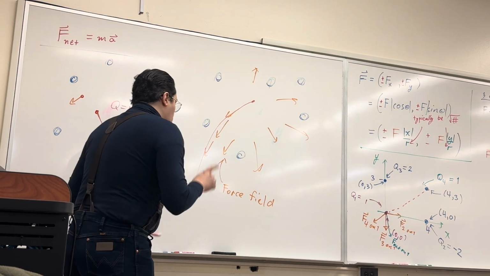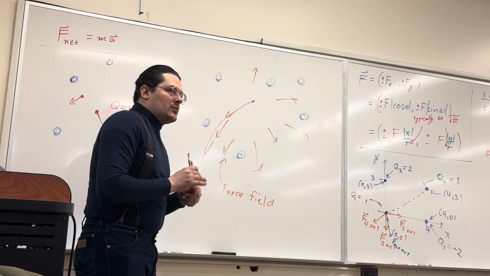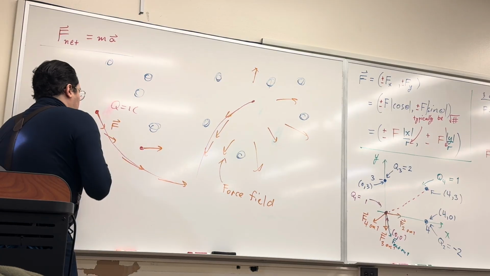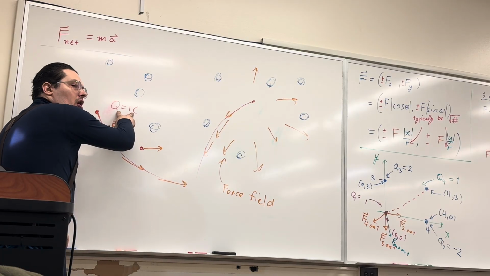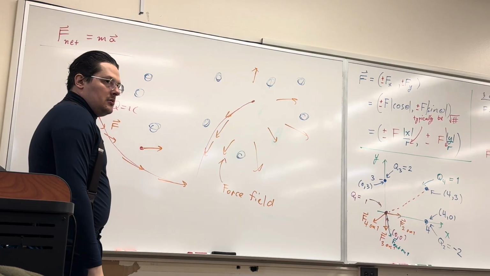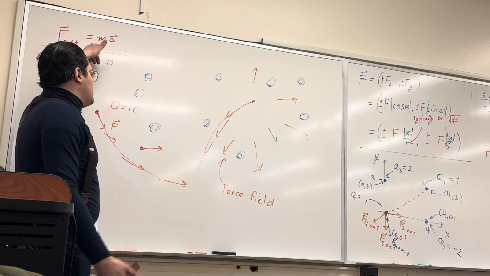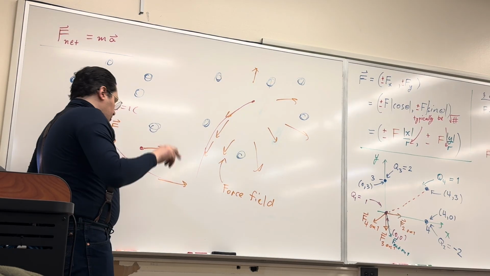But wait a minute, there's one more thing that we don't actually care about. We don't actually even care how big the charge is that we place there. Because I just said that the mass is so small that it's basically just going to move along what are called streamlines.